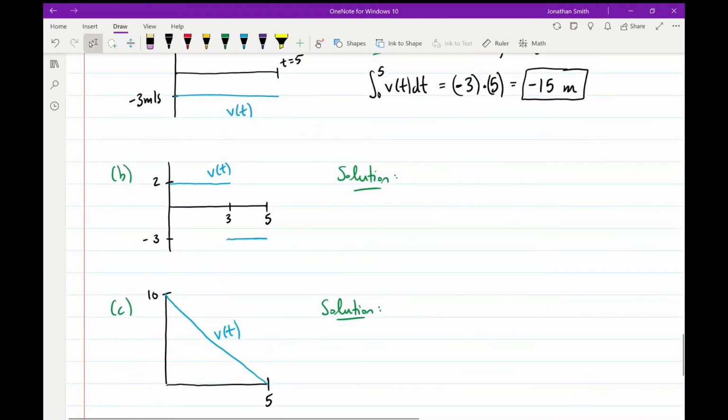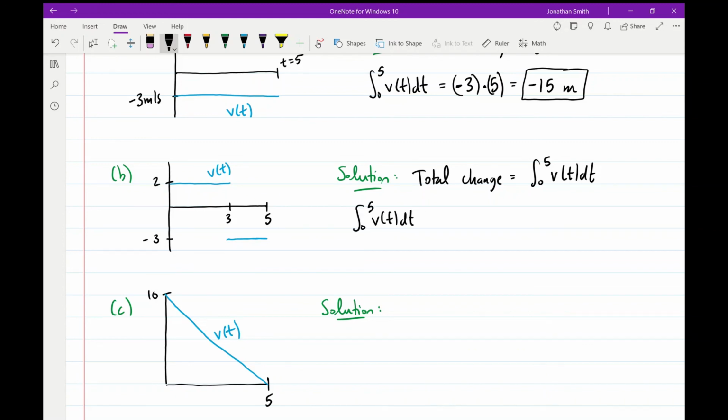Okay, in the second case, again, the total change in position is going to be equal to this definite integral from 0 to 5 of v of t dt. And in this case, this definite integral is going to be equal to the positive area of this portion, shaded in green now, and the negative area of this portion added together.